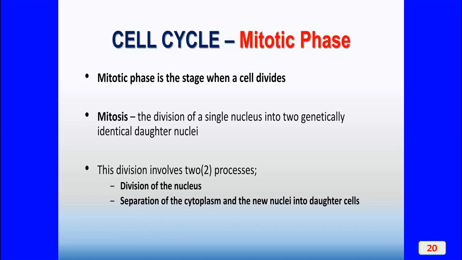This division involves two steps: division of the nucleus, because the nucleus has to divide among the newly produced cells, and then separation of the cytoplasm and the new nuclei into the daughter cells, which is the next process.